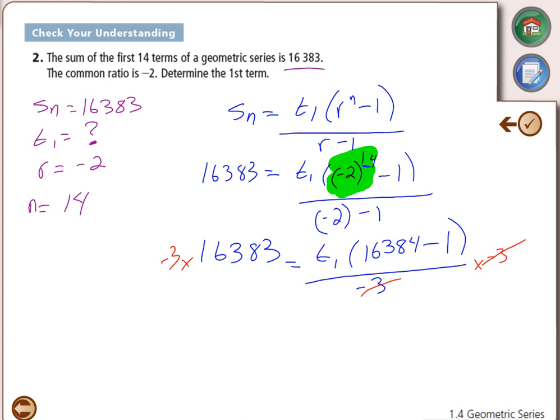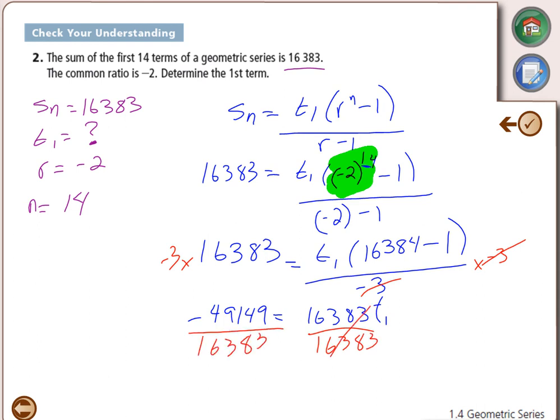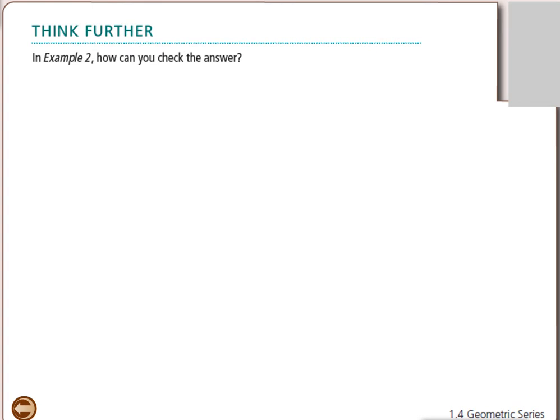And that now gives us negative 49149 is equal to 16383 T1. Divide that over. And that's going to give us T1 is equal to negative 3. So how can you check that negative 3 was the right answer? Put something in there. That's our discussion question in class there.